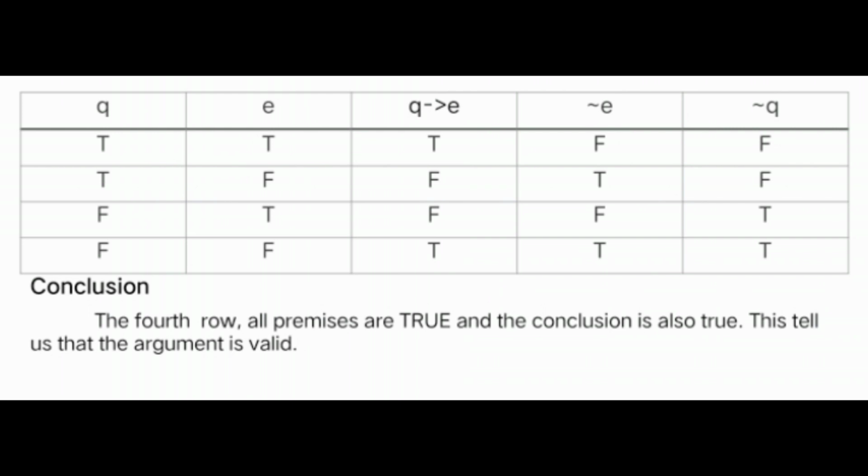For the negation of Q, true, so this is false, and true therefore is false, and false this is true, and false it's true. The 4th row, all premises are true, and the conclusion is also true. So this tells us that the argument is valid.